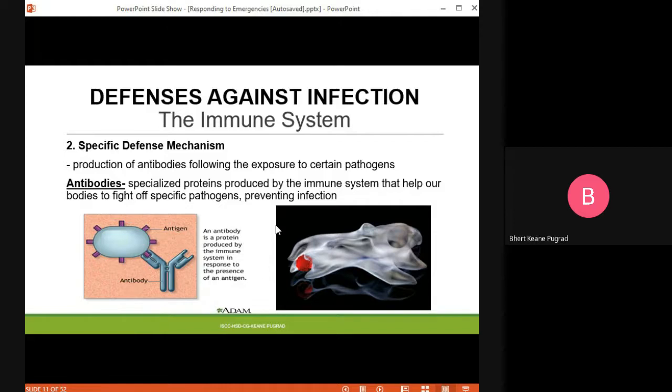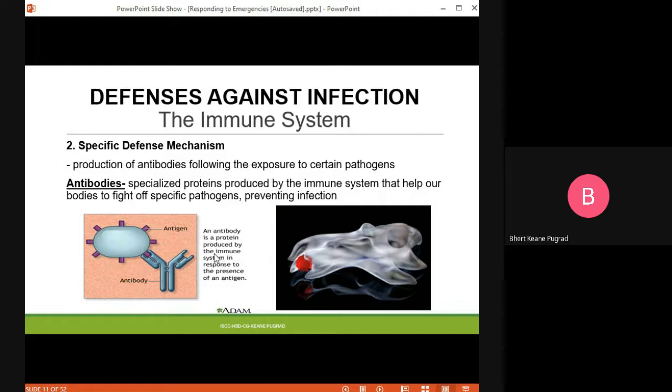That's why our immune system will produce an antibody to fight that infection, to fight that virus, to fight that bacteria. Okay? So take note, your antibodies are a type of protein that's being produced from the immune system response because of the presence of antigen.